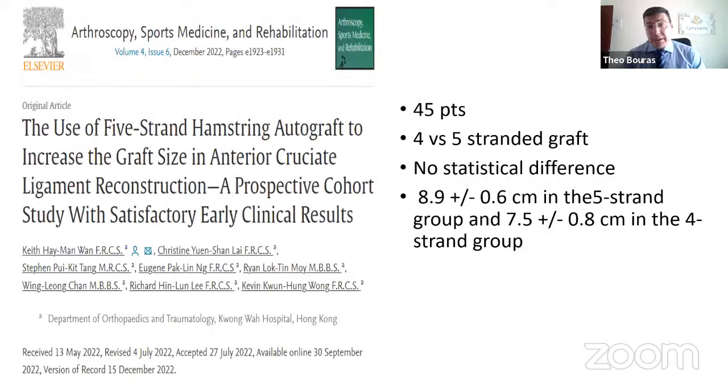A very recent study compared hamstrings graft versus hamstrings graft, 4 strands versus 5 strands, in 45 patients, and they found no statistical difference between the two groups, regardless that the absolute numbers were more attractive to the surgeon when it came to the 5-strand graft.